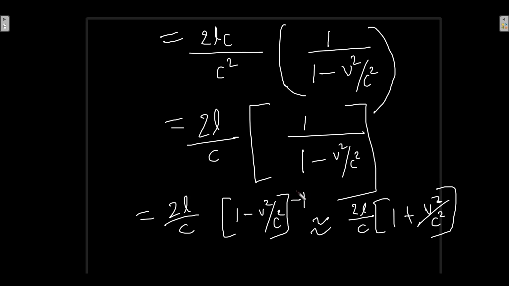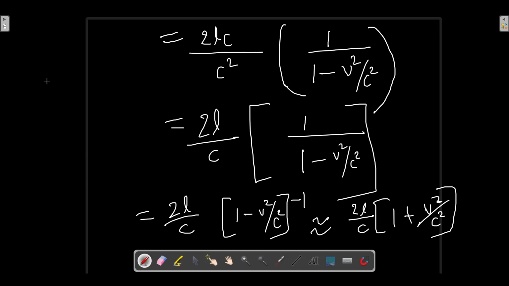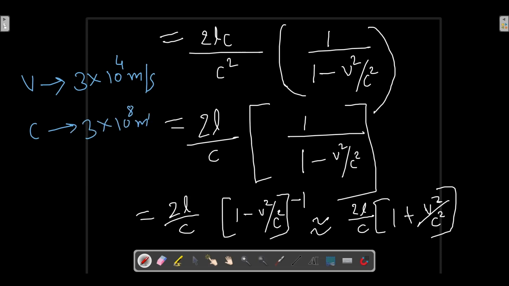Now you already know that v, the orbital velocity of earth, is of the order of 3 into 10 to the power 4 meter per second. And what is the velocity of light? It is 3 into 10 to the power 8 meter per second.